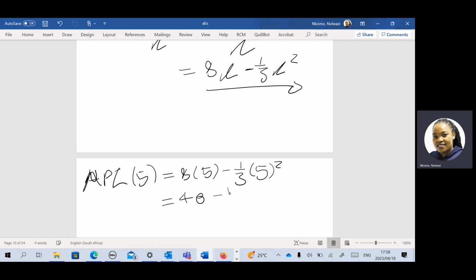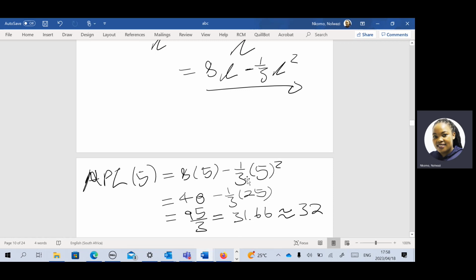You have 5 squared, 1/3 times 25. If you punch this in your calculator, you should find 95/3, and this is 31.66, which is equivalent to 32. All right, so this means the average production per worker is 32 units.